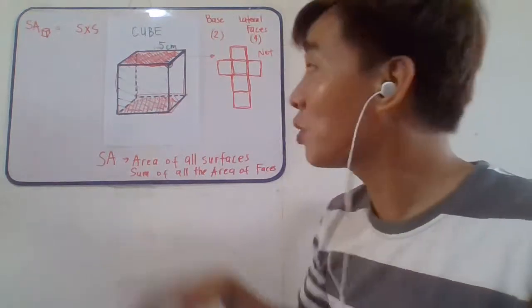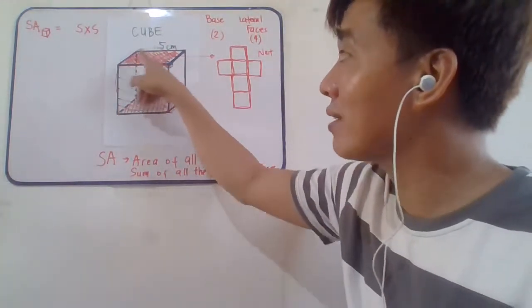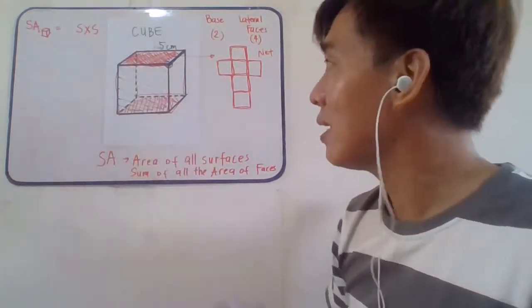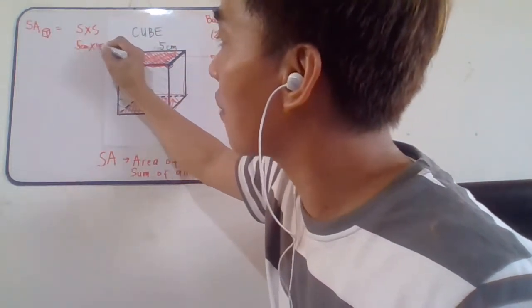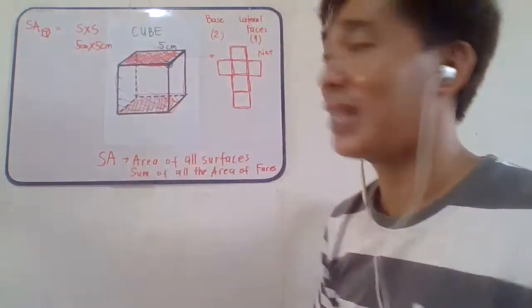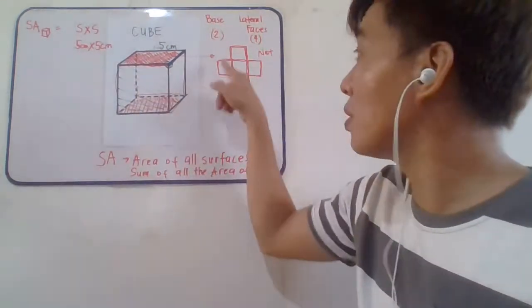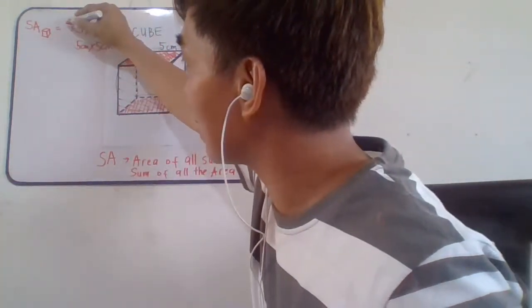So to get the surface area of this cube, we will just get the area of one side, which is side times side because it looks like a square. So that is 5 centimeters, one side, times another 5 centimeters, another side. So 5 times 5, that's the area of one side. Remember that we have 6 equal squares, so times 6.